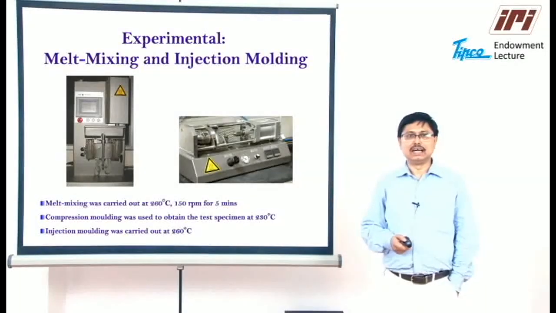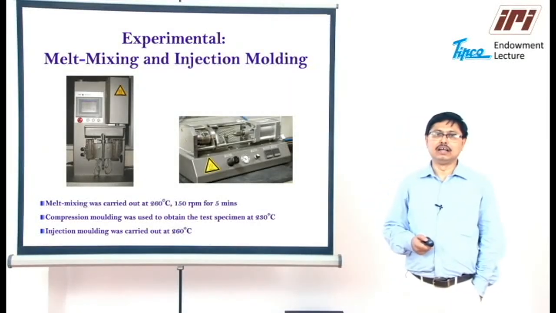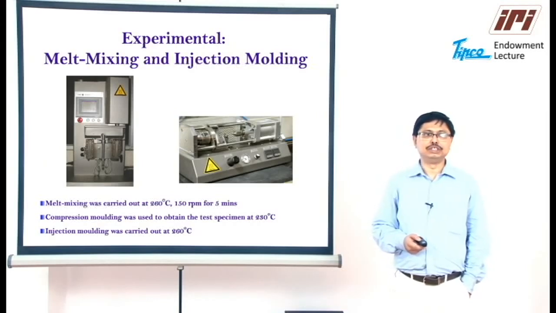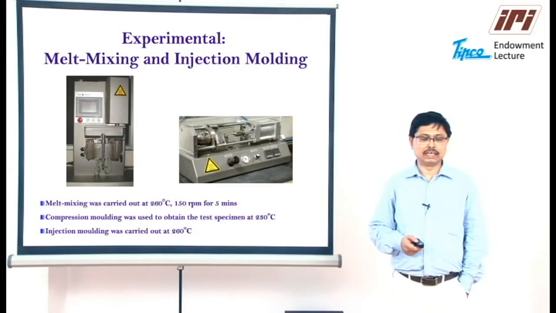These materials were prepared in a small scale twin screw extruder, which is a DSM microcompounder with a 5 cc batch size, followed by either compression molding or a mini injection molding machine.